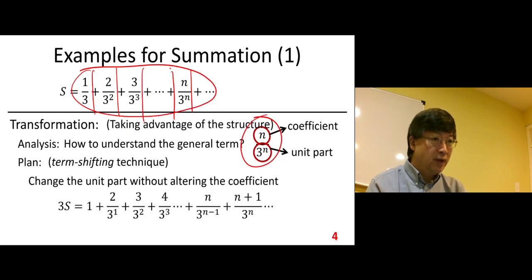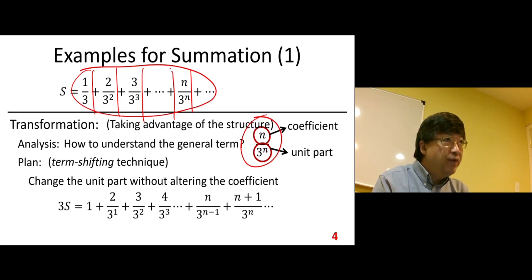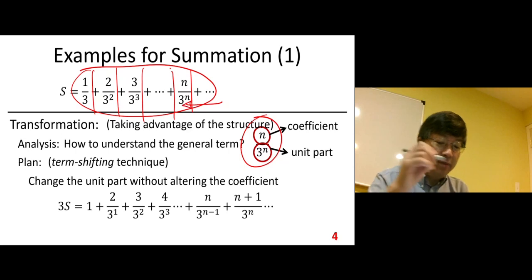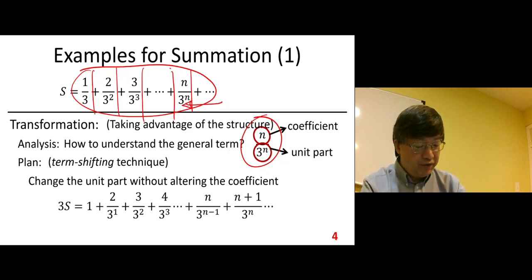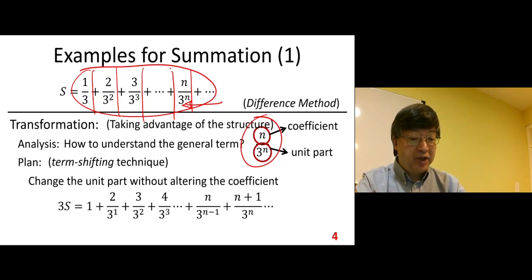So we multiply by the base number, which here is 3. So we shift the term, and we get this new representation. Next, we use the difference method.